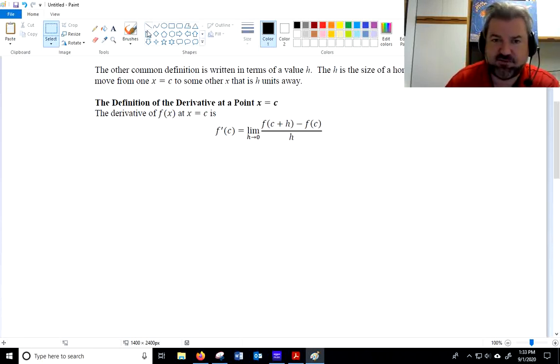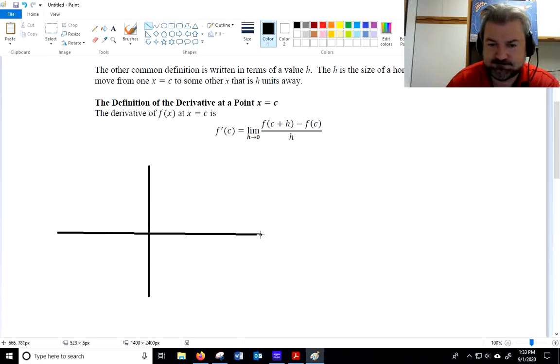So let me draw that out. Okay, so if I have a value that I'm trying to find the slope of the tangent line on, let's say this one right here. So this is my c.